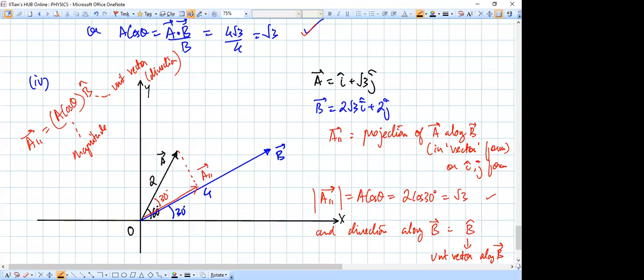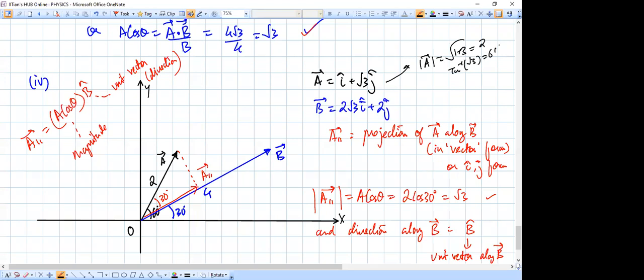So any doubts with the diagram? The angles, the magnitudes, all these things are clear in the diagram so far? Okay. So see, this vector, from our earlier work we know that the magnitude of A is 2 and the angle A is making with the x-axis is tan inverse of root 3.